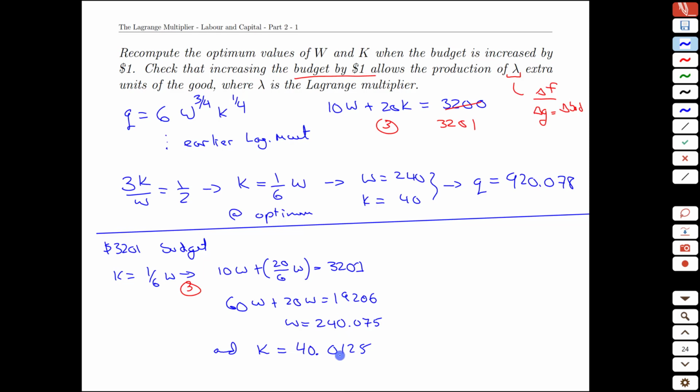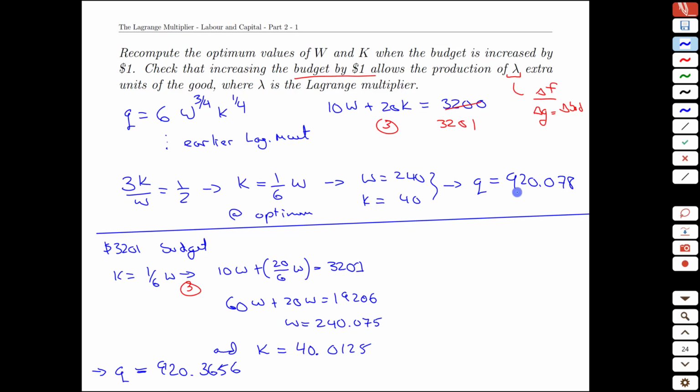And with that, we get a prediction of the quantity we could produce, which is equal to 6 times these values here. I won't write all those out, but it's using these values in the quantity formula, and that's going to give us 920 point, this time, 0.3656.